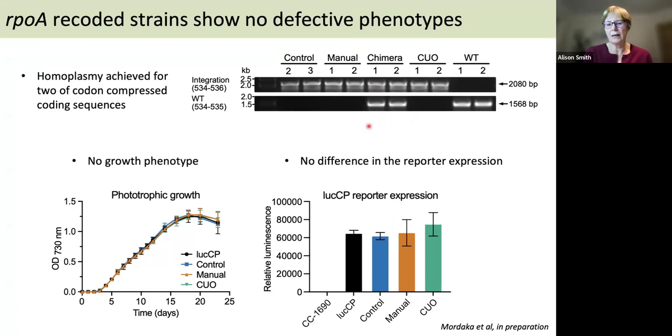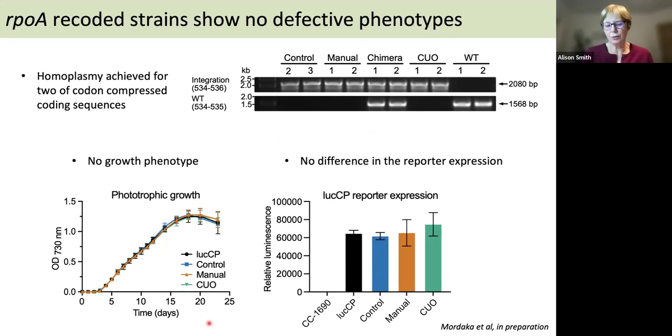So it always retained a wild type version of the genome present in the cells, suggesting that there was something in the design which was not tolerated for a functional cell. I should have made this clear. RPOA is obviously an essential enzyme because you need RNA polymerase for the normal genetic machinery of the chloroplast. So the Chimera didn't work, but the other two did.